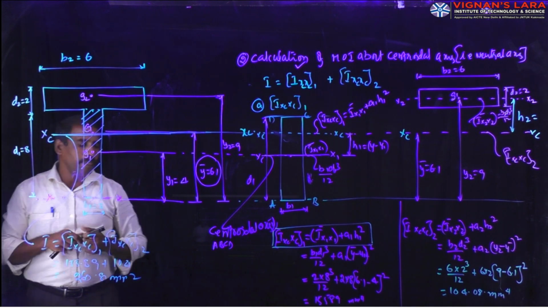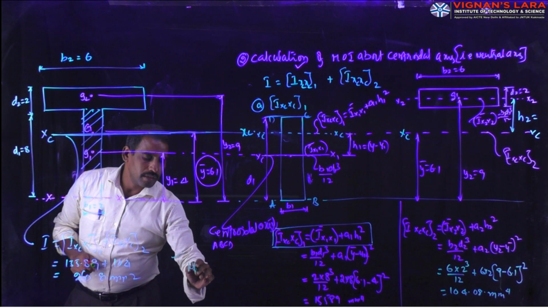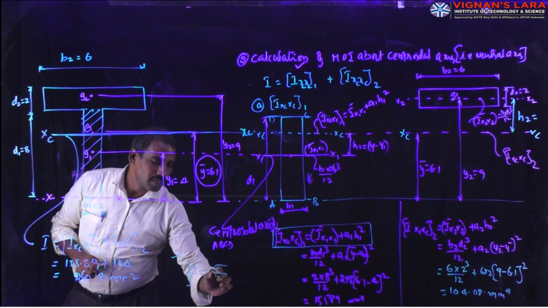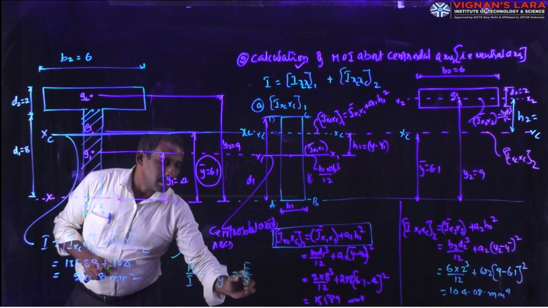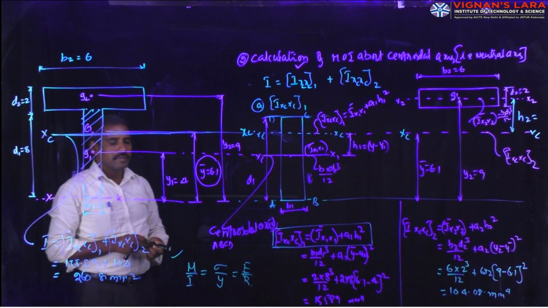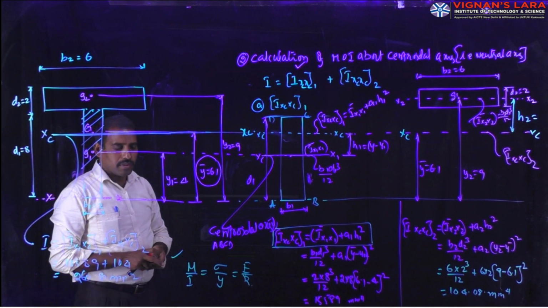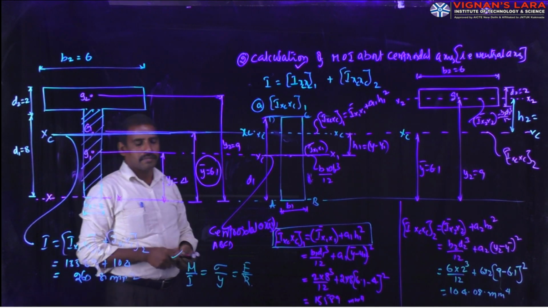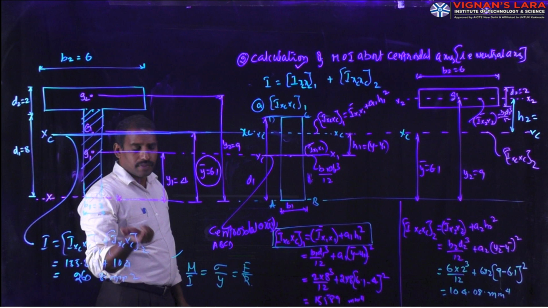Already we know the centroid, and we know the equation M by I is equal to stress by y is equal to E by R. In the previous class, there was no difficulty calculating the moment of inertia because the section was symmetric about both the axes, but this one is not symmetric about both the axes. That's why the geometry was very simple compared to this.